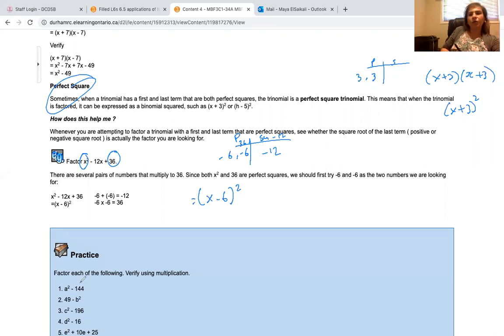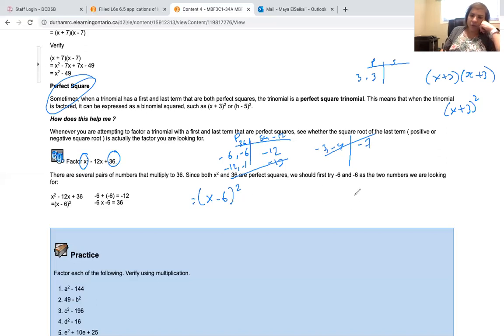If you don't remember this one specifically, you can always do the sum and product and test differently. So you can have -12 and -1, which is going to be -13. You can have -3 and -4, and that's going to equal -7. So you know this is not it, this is not it, and it's going to be okay. But it's always nice to recognize the perfect square and then be able to factor it right away.